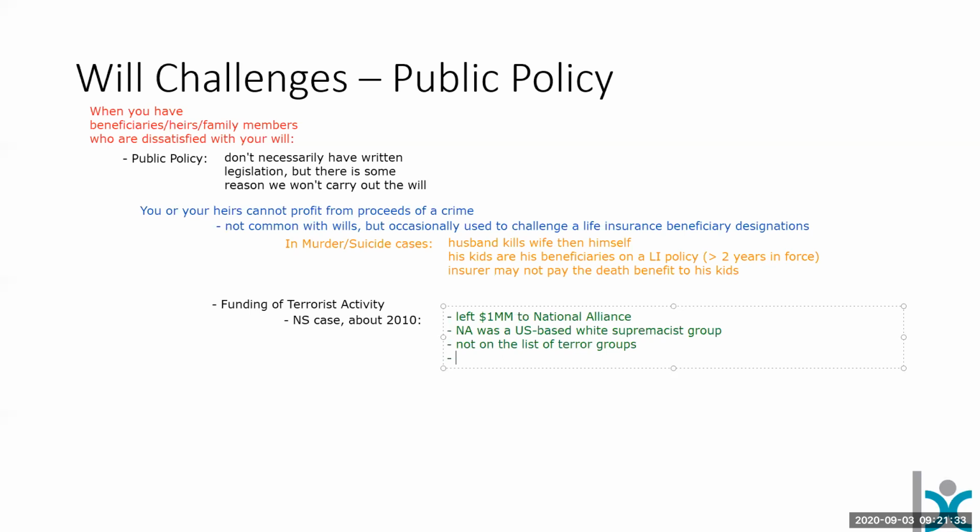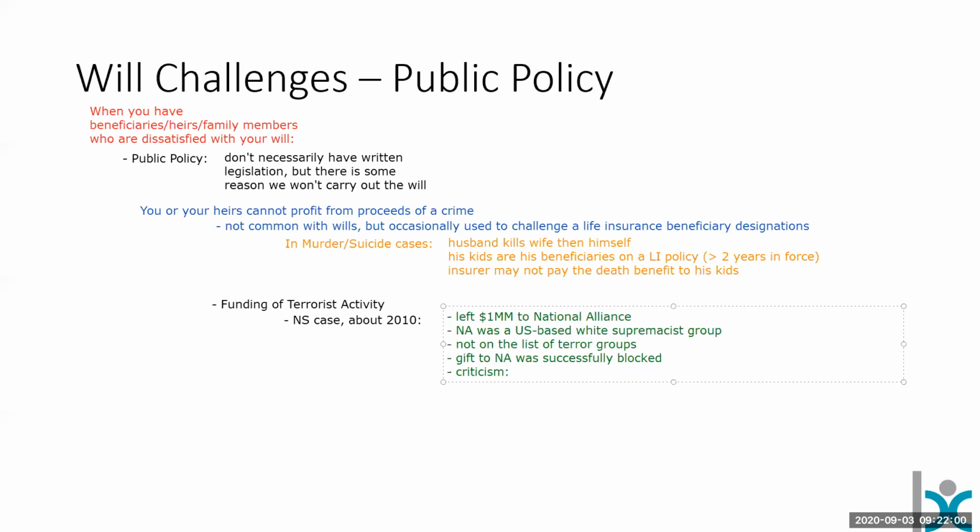That's good. So what ended up happening is the gift to the National Alliance was successfully challenged, or successfully blocked, in the Nova Scotia Superior Court. Now, the criticism here, and this is sort of an awkward thing, I think we all agree this is morally the right outcome, right?